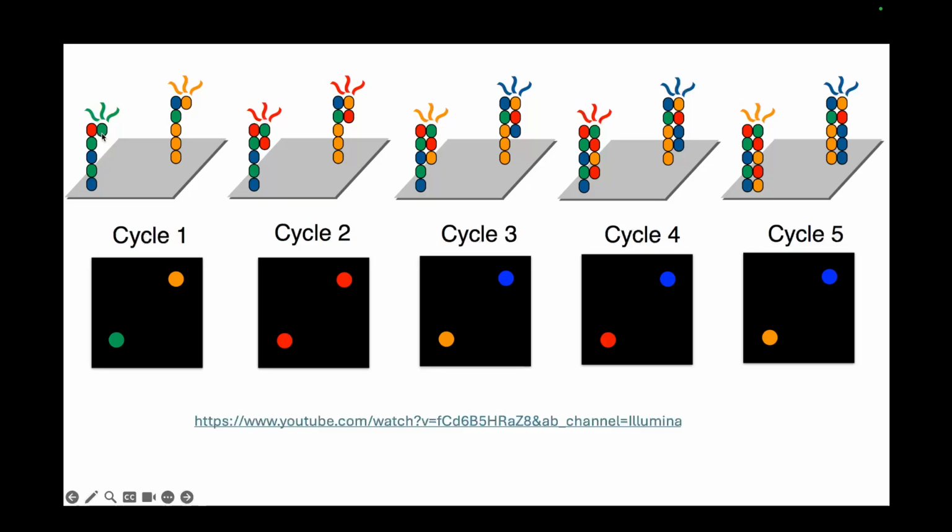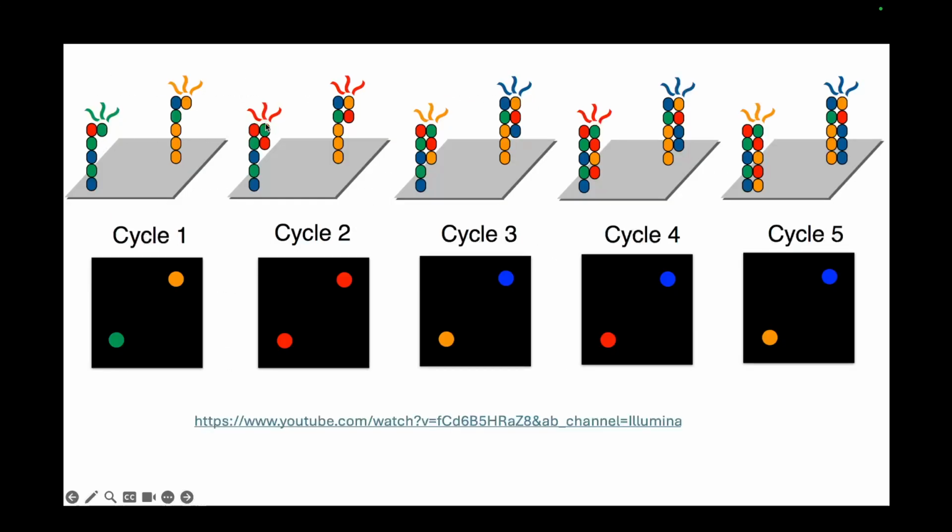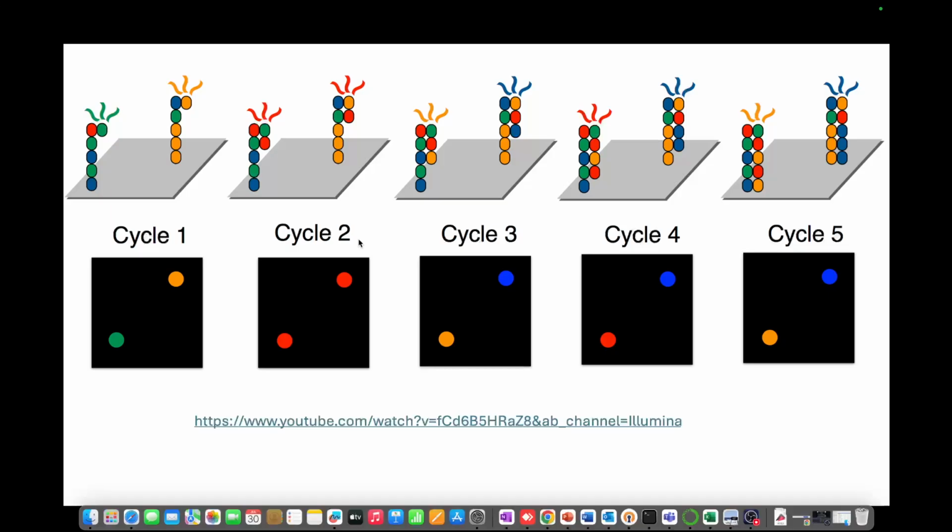Now this will be converted into a dNTP, and the next base will be added next to it. So after the green, a red has been added. Here also after the yellow, a red has been added. So it's emitting these red lights. So cycle 2 captures these red lights.